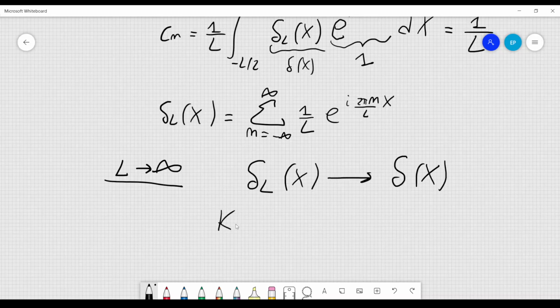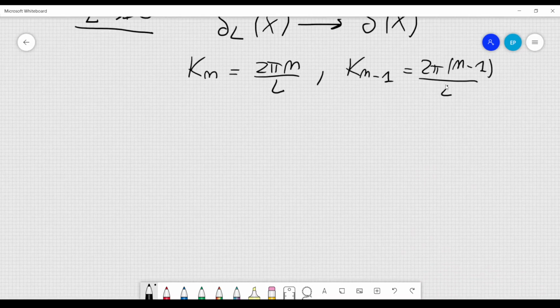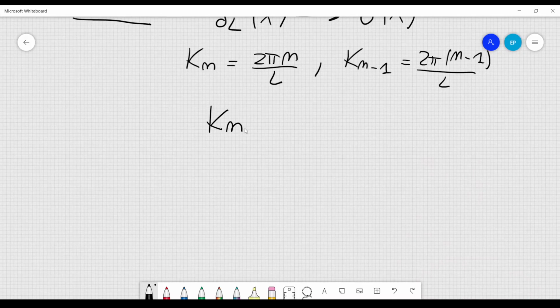And the wave number, or you can also call it frequency, the frequency k sub n, which is equal to 2 pi n over L, will be infinitely close to k sub n minus 1, for example, because it will be 2 pi (n minus 1) over L. And if I subtract these two expressions, so I take k sub n minus k sub n minus 1, I will get 2 pi over L if you do the algebra here, but this will go to 0. We cannot say the same is true for n, because we also have an integer n, and it can be very large as L, for example.